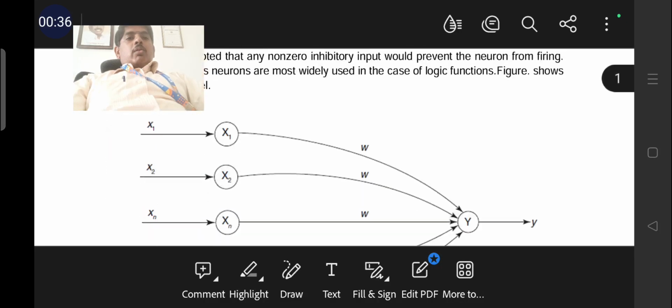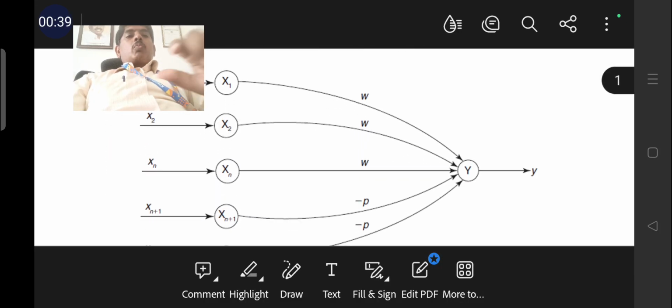To see the architecture of the McCulloch-Pitts neuron model, we have input neurons and an output neuron. The input neurons vary from x1, x2, x3 up to xn and xn plus 1. All the input neurons are connected to the output neuron through connection links. Each connection link has its own associated weight.